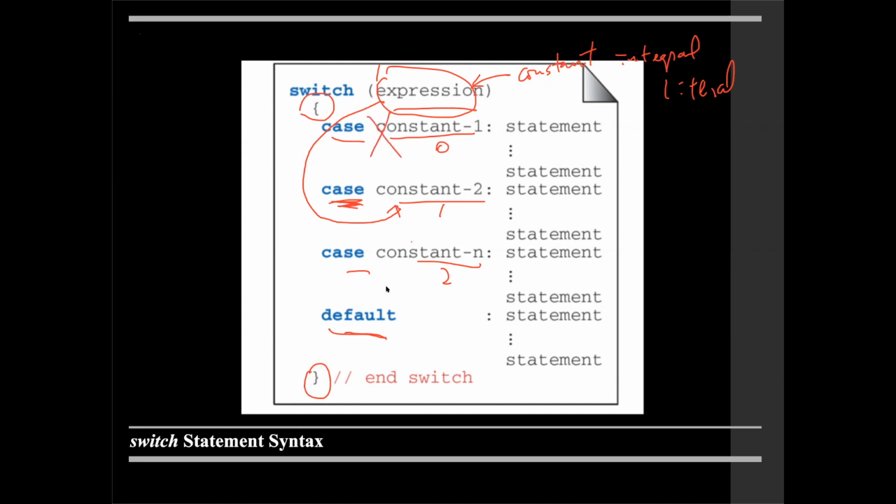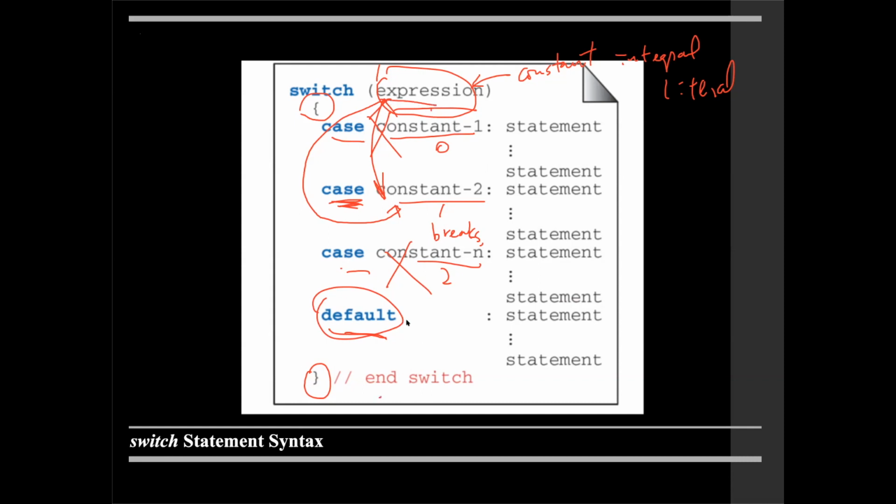Later on, we're going to look at the use case where the following case will be evaluated because there is no break. So that said, this expression matching the constant is of paramount importance. The default itself is evaluated, assuming none of the cases matches this constant expression.